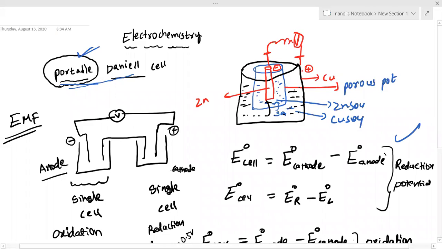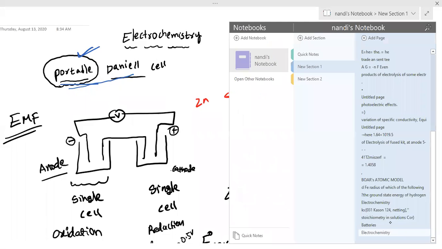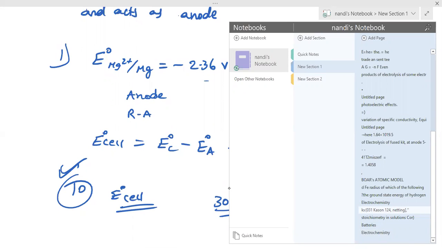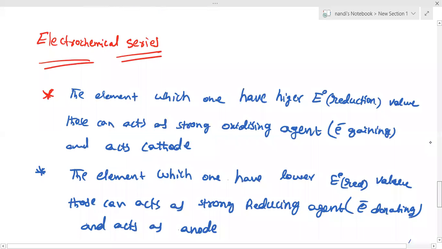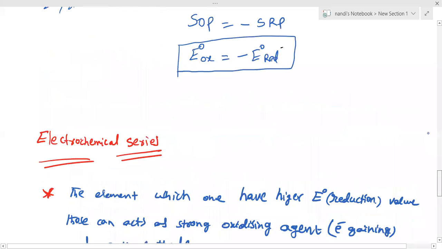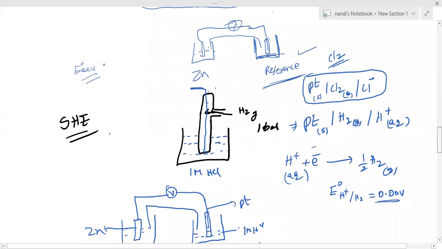Fine, good. Leave it. So we are measuring... standard hydrogen electrode started, is it correct?